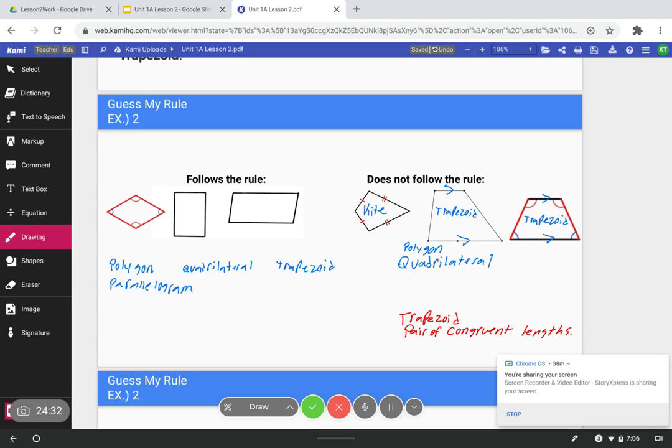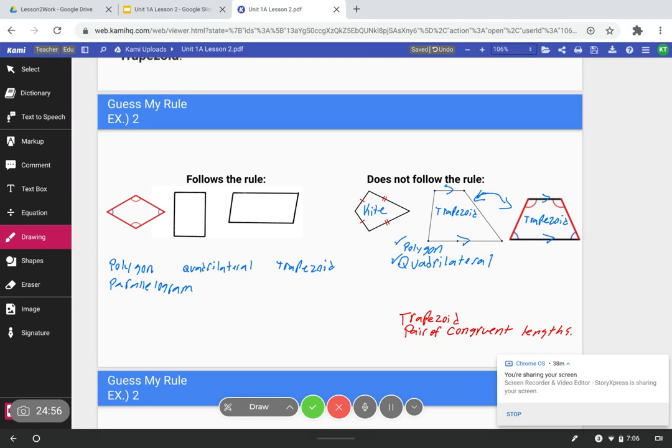Notice how these are both trapezoids, but they're different. All that matters to be labeled as a trapezoid is that it has at least one pair of parallel sides. So we know that all these shapes are polygons, and all these shapes are quadrilaterals because they have at least 4 sides.